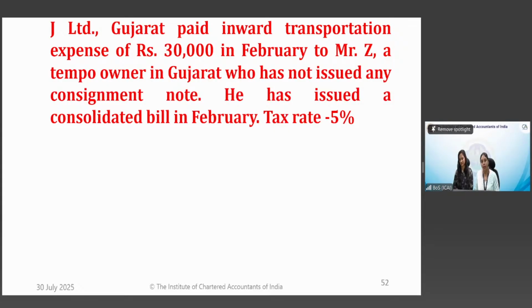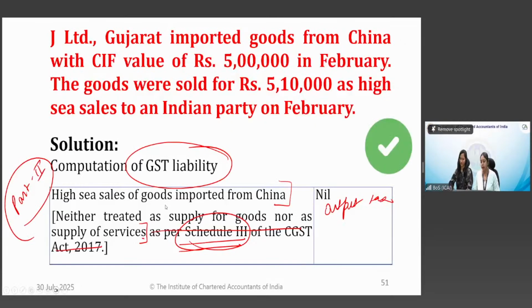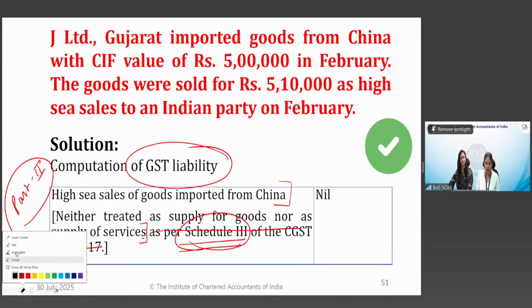On imported goods also, you have to pay GST. So that is why we had taken it in the GST liability table. In fact, that was not output tax if we see. By mistake, I had written it as output tax. It is the GST liability. Because in GST liability, you include the RCM also.